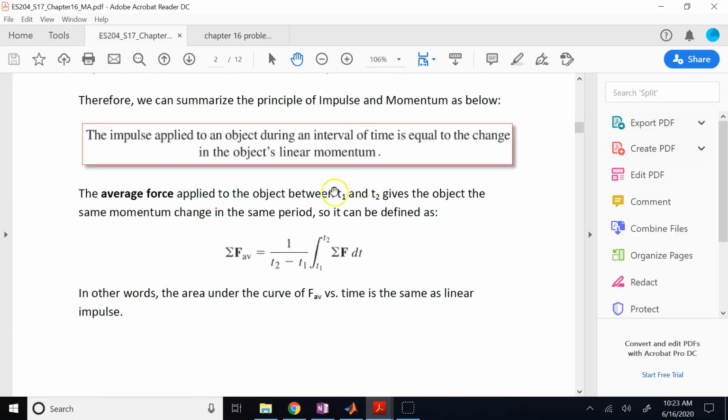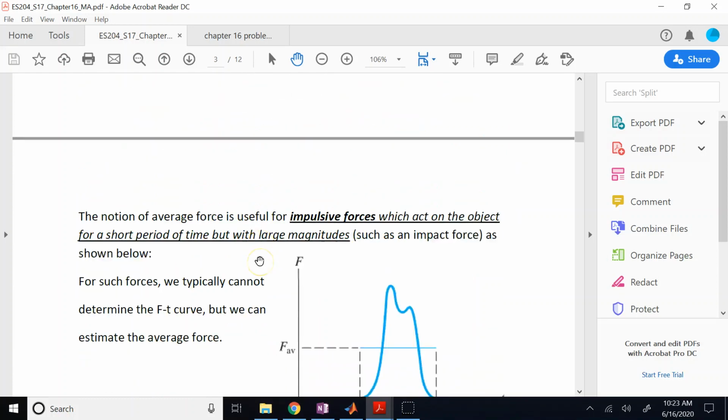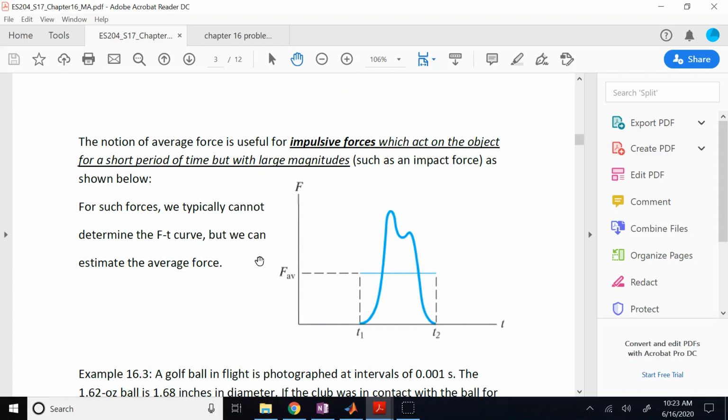One other thing is the notion of average force. So in collisions, or the places where you have an impulsive force, you have a force that has a huge magnitude but a very short duration, right? That's typically what happens in collisions, in explosions and so on.